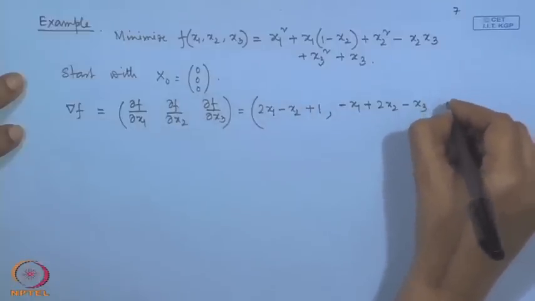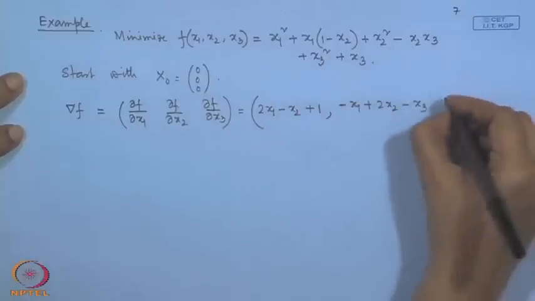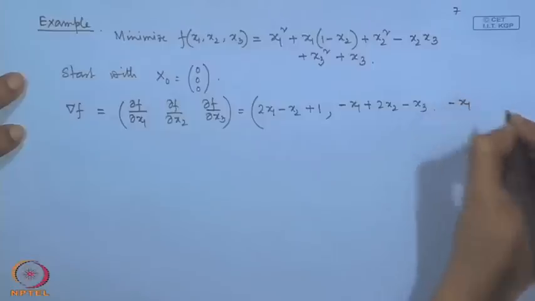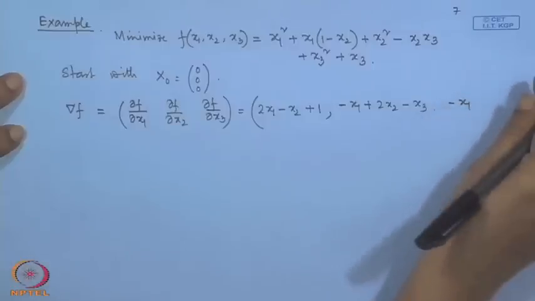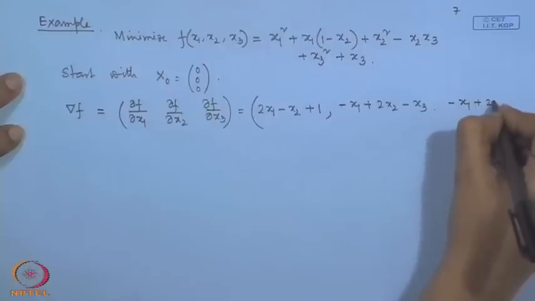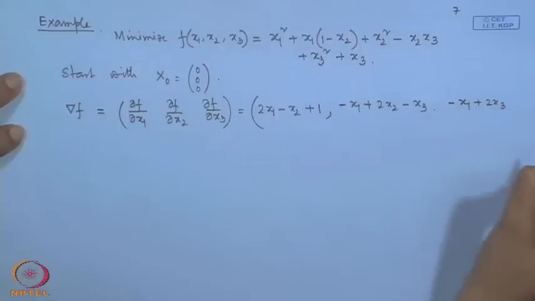Then with respect to x3, it would be minus x2 plus 2 x3 plus 1.